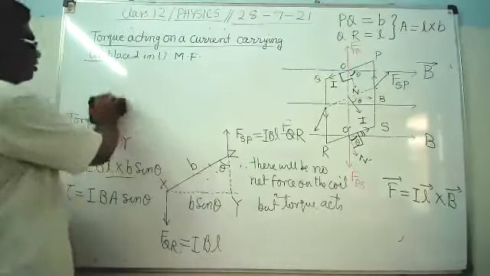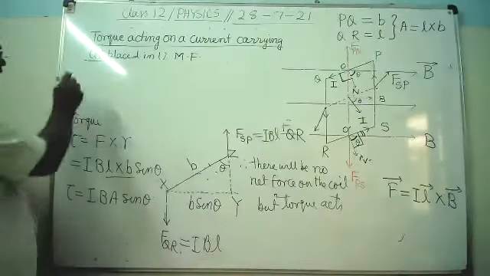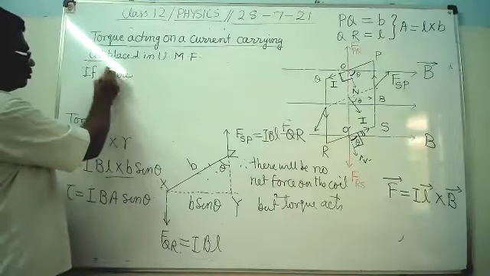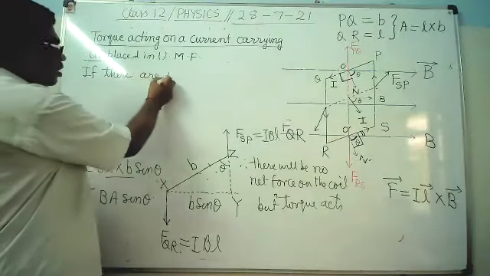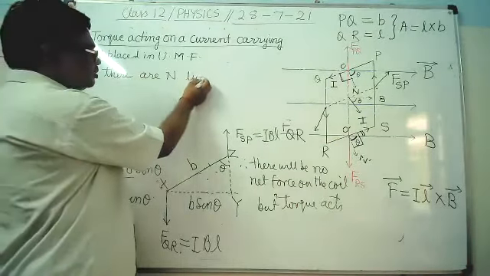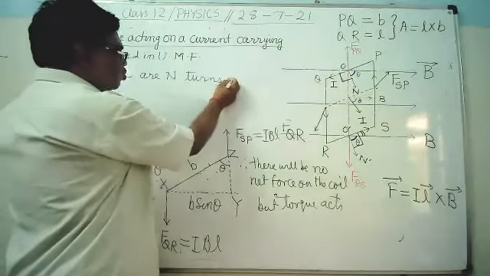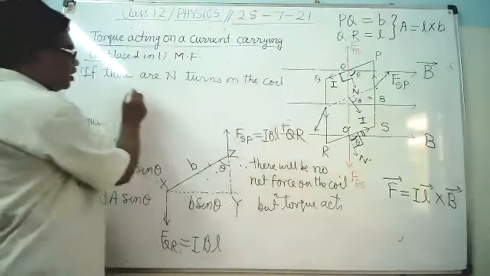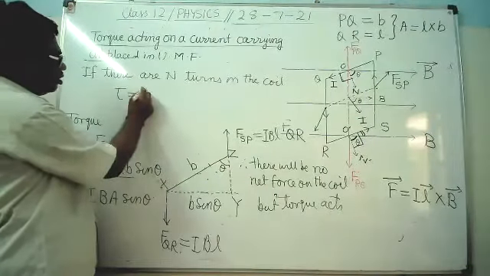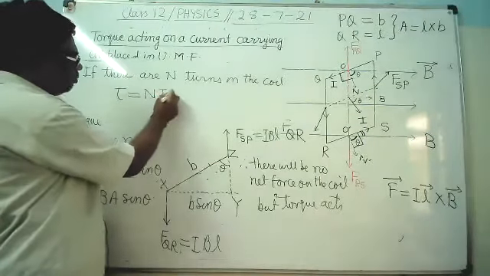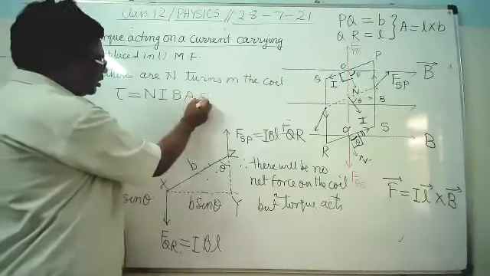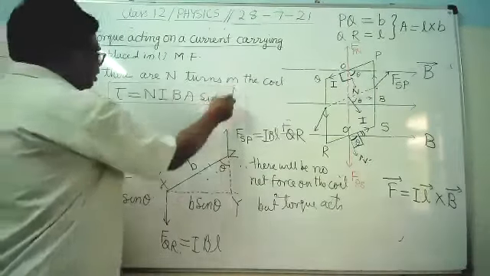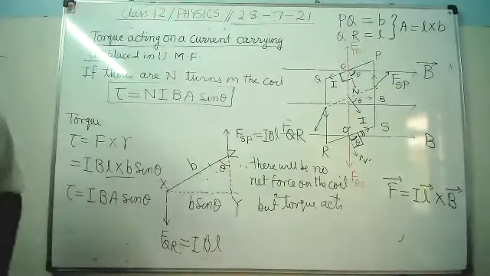If there are n turns in the coil, then tau equals N IBA sin theta. This will be the torque.